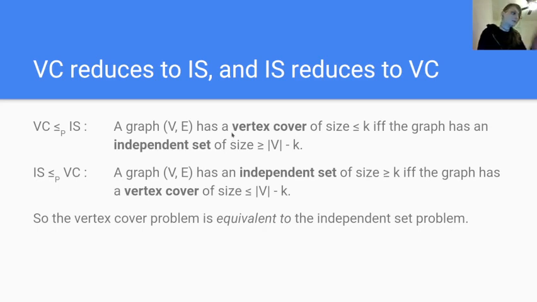Any properties that we can say about the vertex cover problem also apply to the independent set problem when it comes to computational complexity, because we can reduce one to the other in polynomial time. Polynomial time is kind of free, as far as our complexity classes so far are concerned.